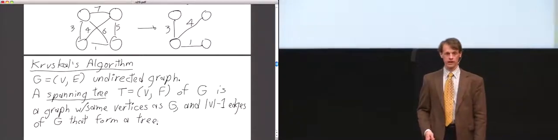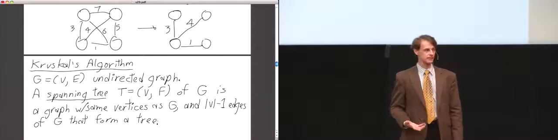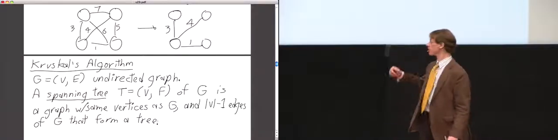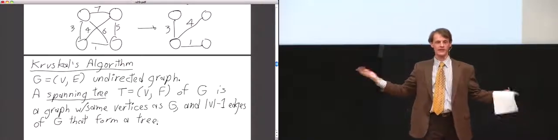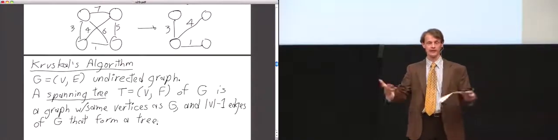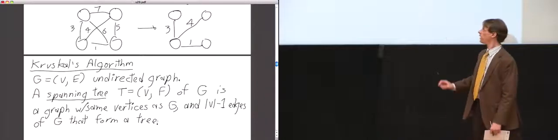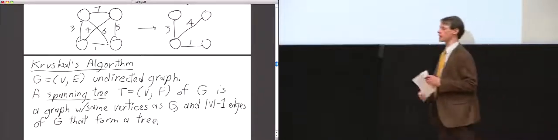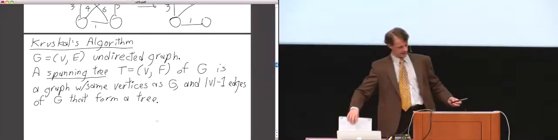I want to mention that for a graph to have a spanning tree, it has to be connected. If the original graph we started with is not connected, then it's not going to have a subgraph that connects all the vertices together either. So we're not going to get a spanning tree. But if you have a graph that's not connected, then you can still get something called a spanning forest.